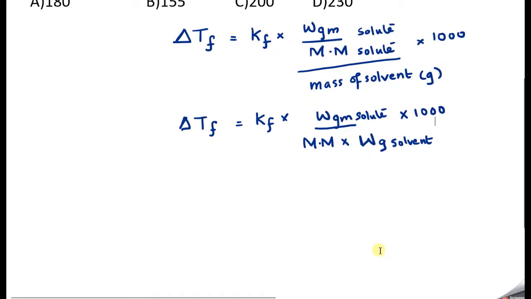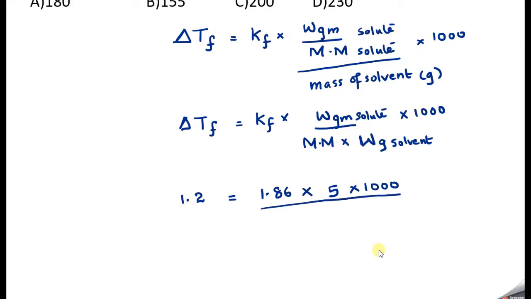Now you need to substitute the delta TF value. They have told the freezing point lowers by 1.2 degrees, so I can put 1.2 is equal to KF value they have given, that is 1.86, multiplied by weight in gram of the solute, that is 5 gram into 1000, divided by molecular mass of the solute, which we need to calculate, into weight in gram of the solvent.